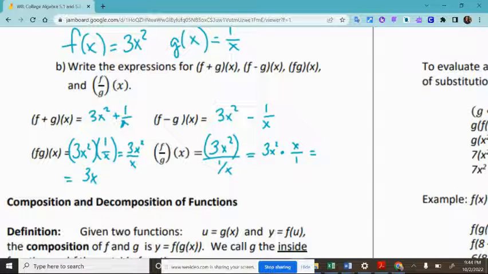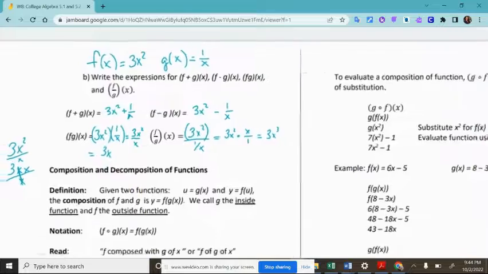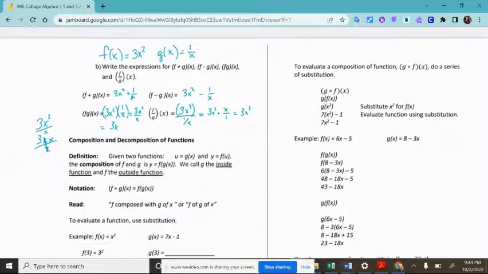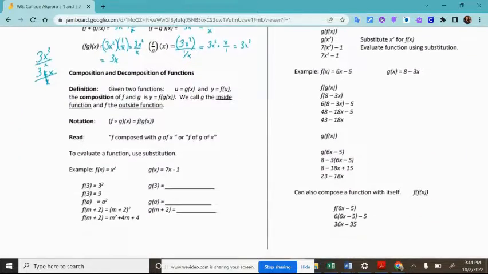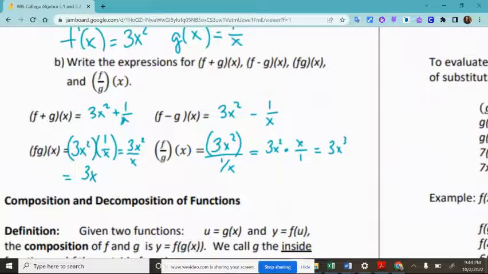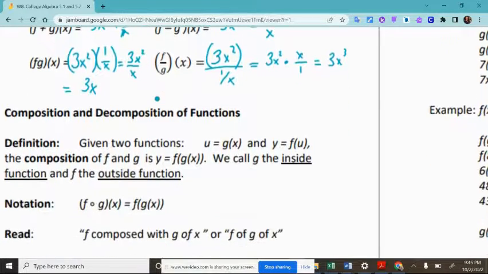Multiply by the reciprocal is another way to say that. So I flip that 1 over x, I get x over 1. Well, that's just 3x cubed. Divided by 1 is irrelevant, or inconsequential, I should say. Okay, so hopefully that kind of makes sense. You're just cleaning things up a little bit and doing what they say to each piece.